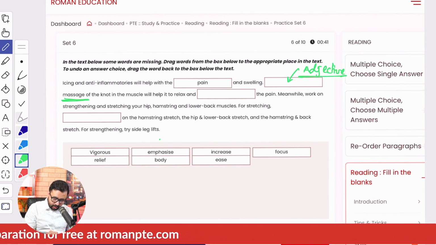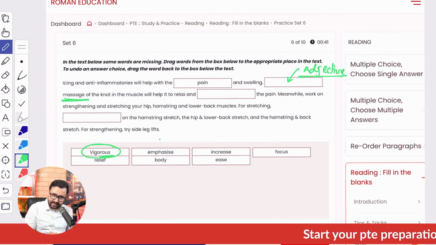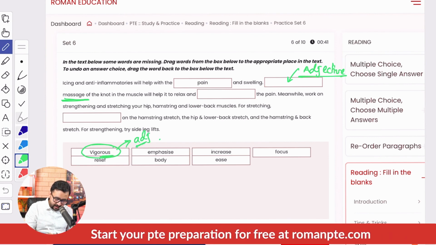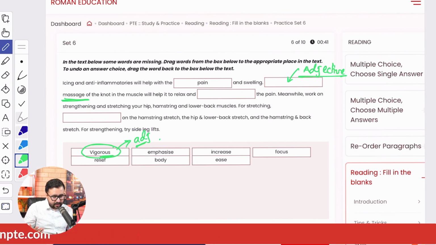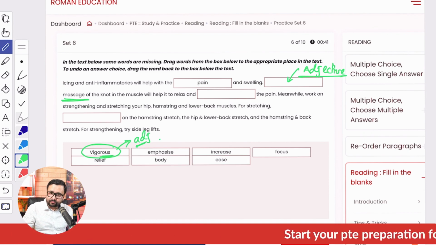Now if I go to the options, vigorous is the word I'm looking for. Why? First, vigorous has OUS at the end, which makes it an adjective. Second, vigorous massage, that means a very aggressive massage where you do deep massage, is a very suitable option as well. So that's our answer.